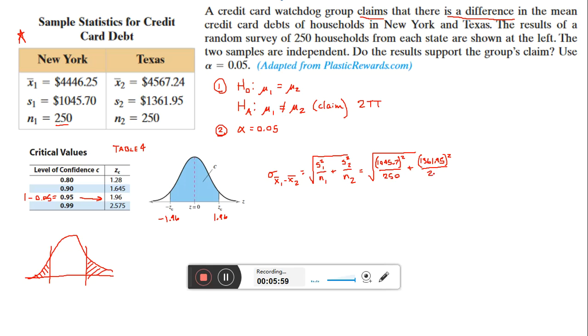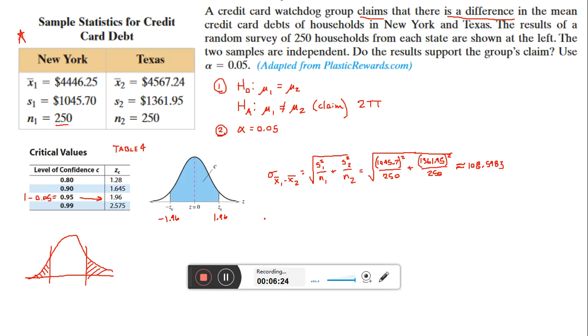And we are going to divide that by 250 again. Okay? And once you plug all that information into the calculator, you should get a value approximately equal to 108.593. Okay, so that's going to be our standard deviation of the two samples combined.